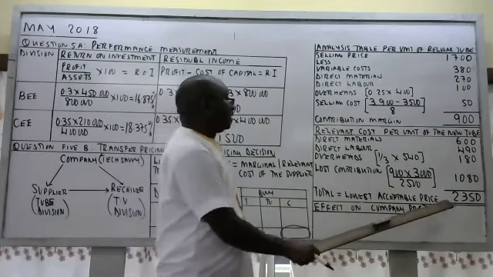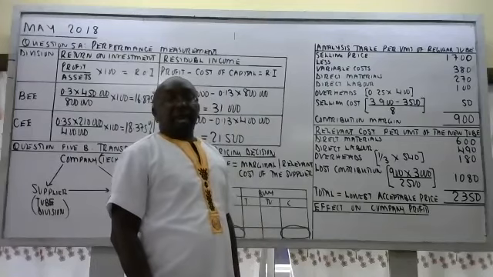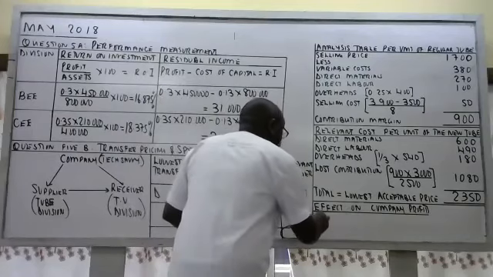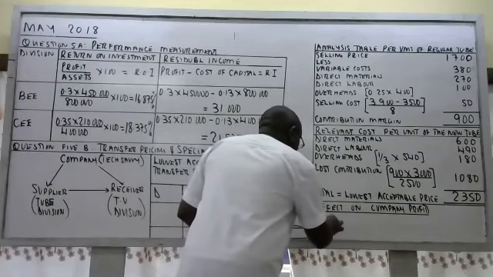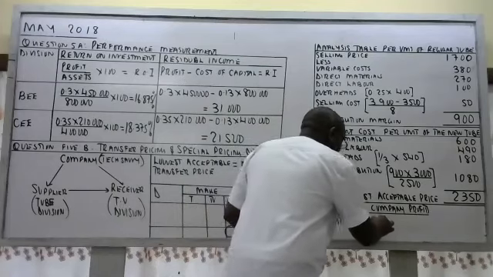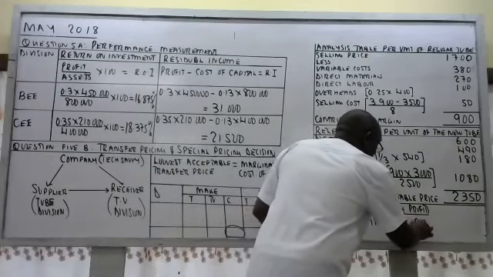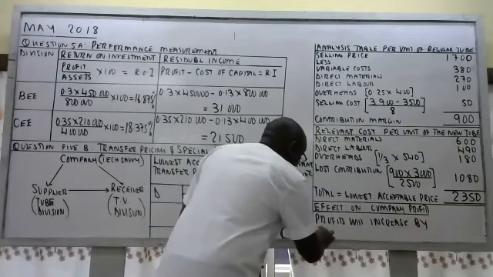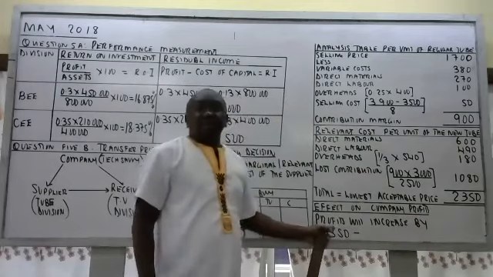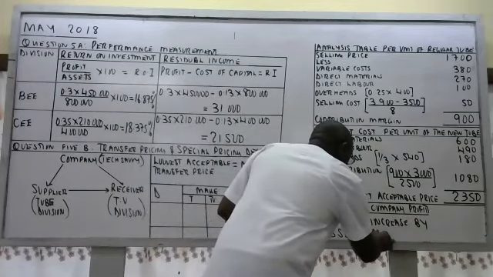So because this one is higher than the 2,000, our profits will go up. So we will simply come here and tell them, profits will increase by these savings, 2350, for you to make these savings, I've said you will have to spend 2,000.